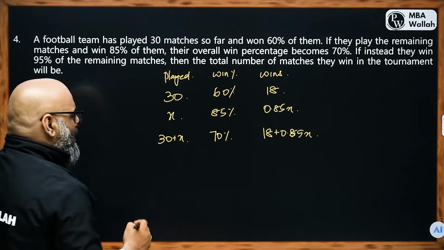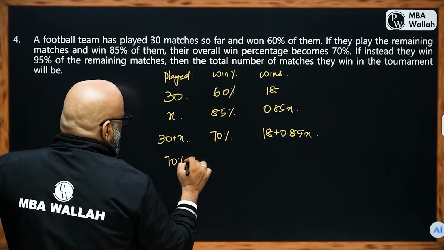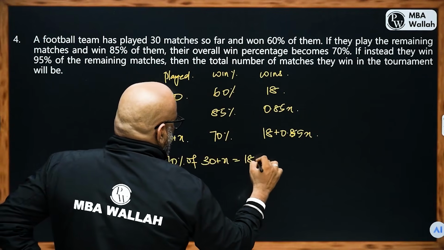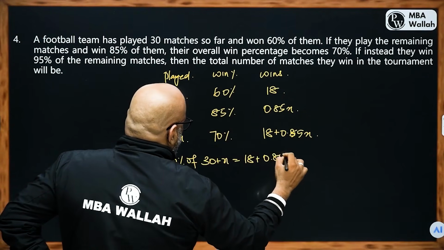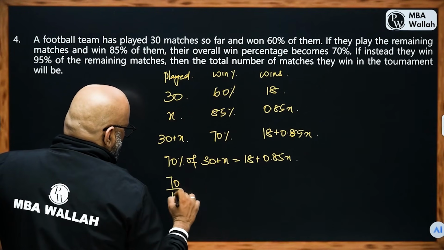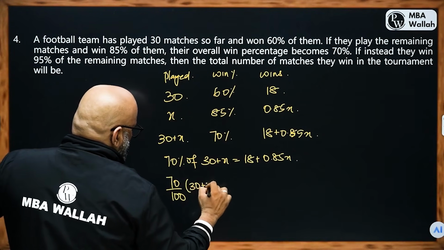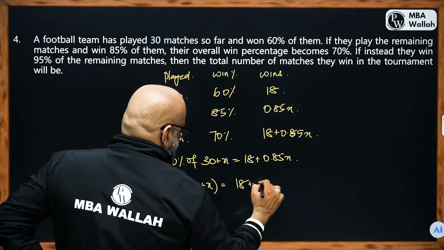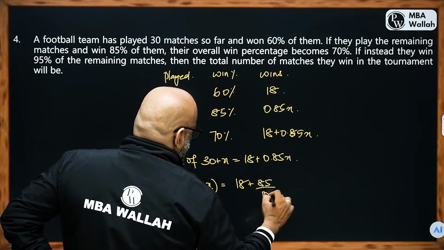So we can straight away write 70% of 30 plus x is equal to 18 plus 0.85x. Or you can write this as 70 by 100 into 30 plus x is equal to 18 plus 85 by 100x.